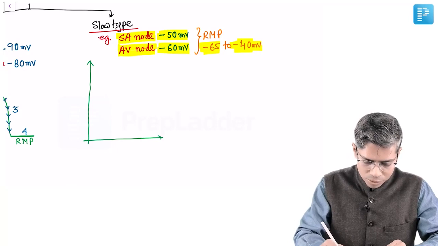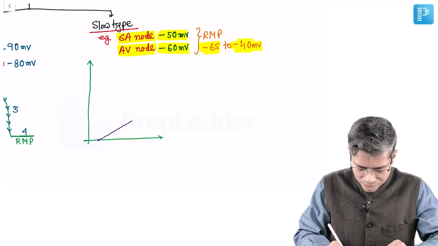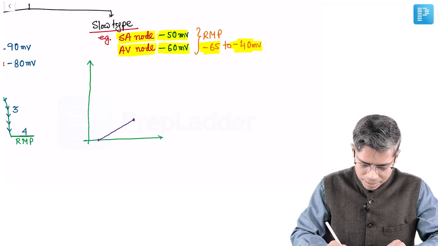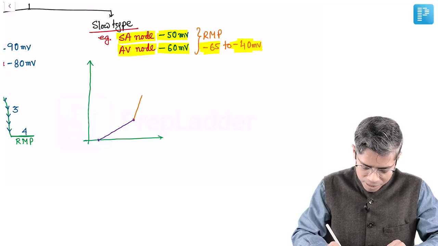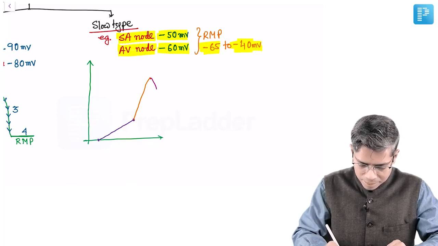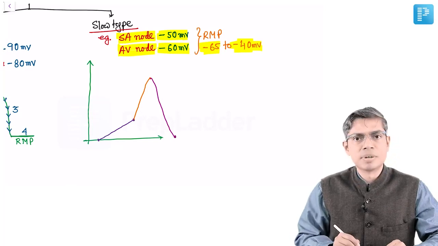Here, if I draw the slow type action potential, look at it, it is very distinct. There is a phase where membrane voltage is gradually rising, and then suddenly there is a jump of membrane voltage, although it's a bit slower, and then the membrane voltage again returns to the original voltage, that is the resting membrane voltage.